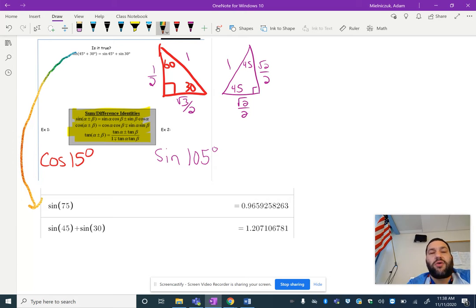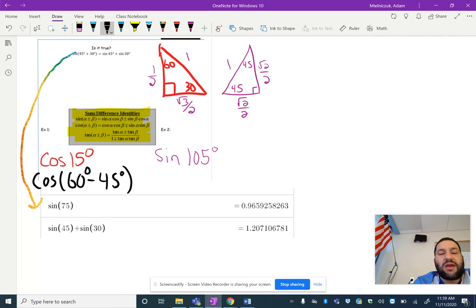So let's take a look at cosine of 15 as our application. Now, the goal of this is to take the numbers you have and rewrite it as one of the two reference triangles above, because these are things that we should have memorized or know how to use to our advantage. So I can rewrite the cosine of 15 as the cosine of 60 degrees minus 45 degrees. And that's really important because 60 and 45 is up here.